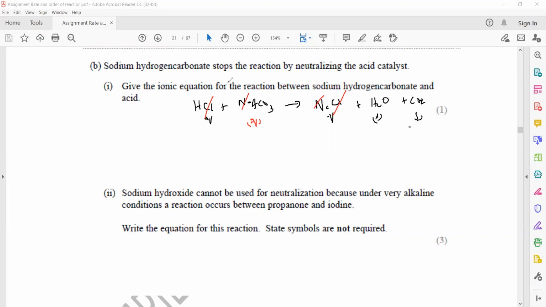So what we are left with, the hydrogen ions react with hydrogen carbonate ions, resulting in the formation of water and carbon dioxide. So this is basically the ionic equation for this reaction. So this is having 1 mark. We don't have to show the full equation. I just write the full equation to work out the ionic equation.